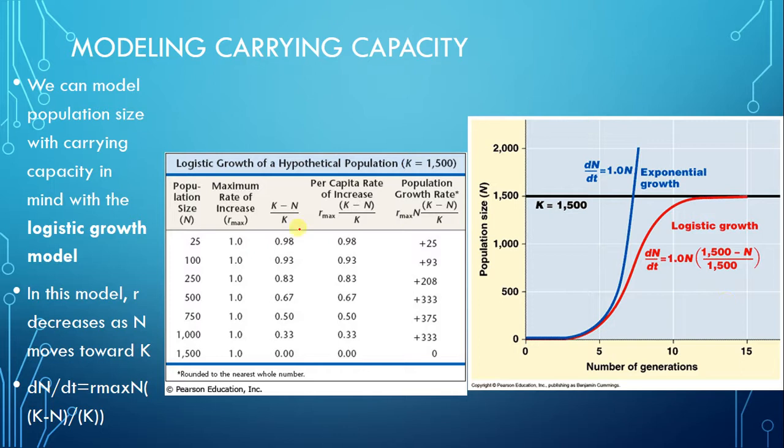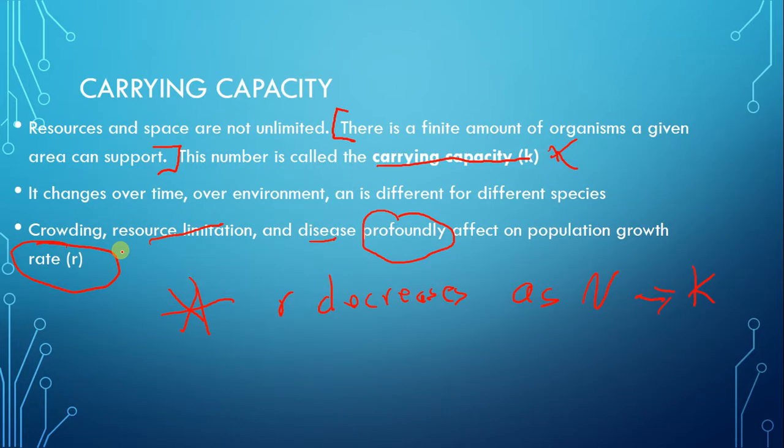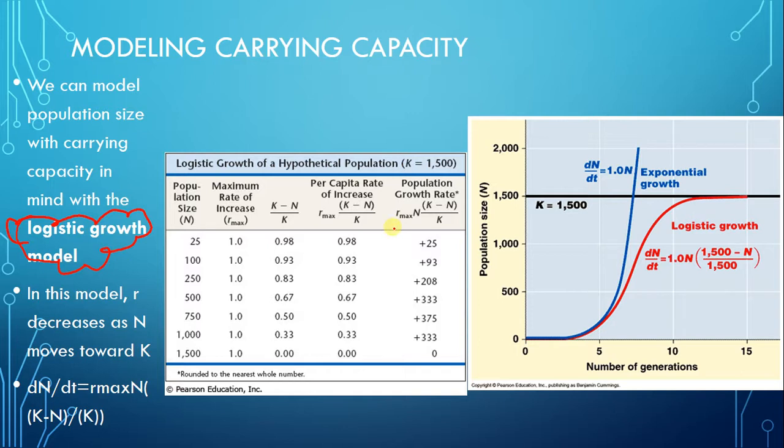So we can model population size with carrying capacity in mind with the logistic growth model. The logistic growth model takes carrying capacity into account. In this model, like we said from our observation over here, we started out with an exponential growth model of dN/dt equals rN.